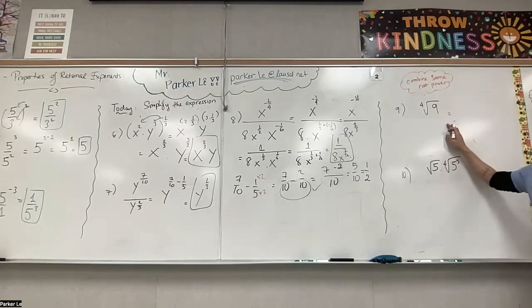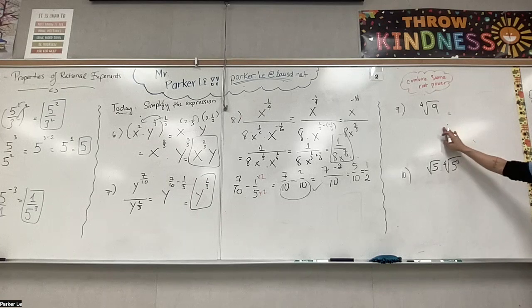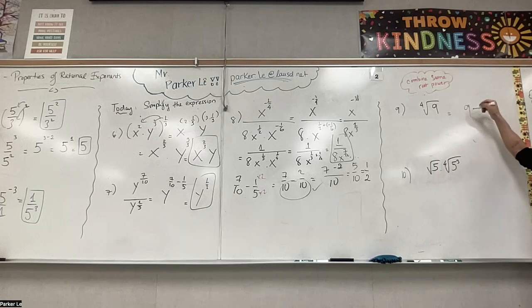Is it equal to anything, like a whole number? So simplify. Let's make them into exponents first. 9 to the 1/4. Can you convert the 9? What is 9? Something squared.